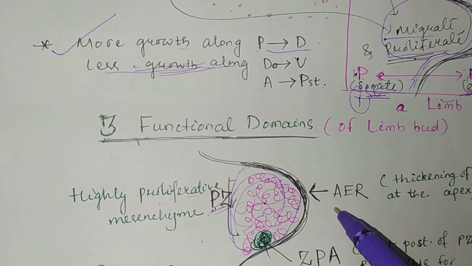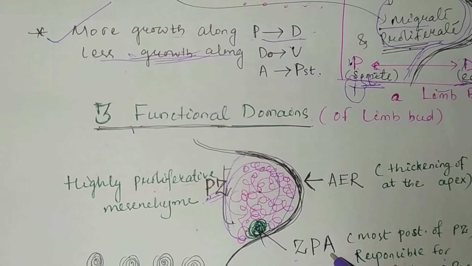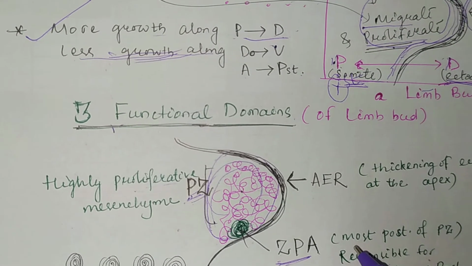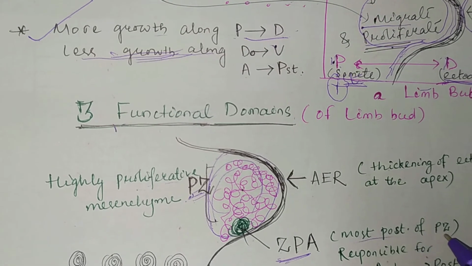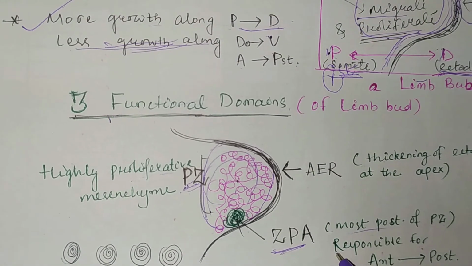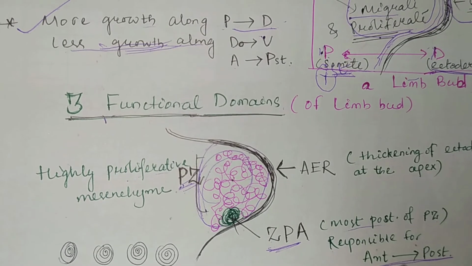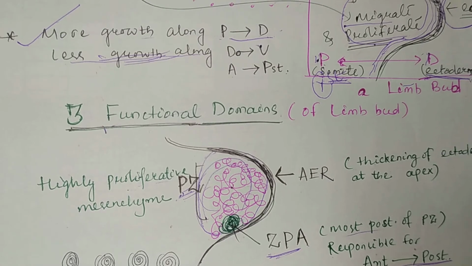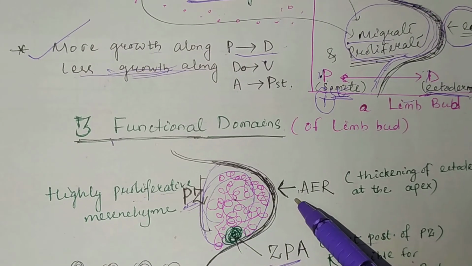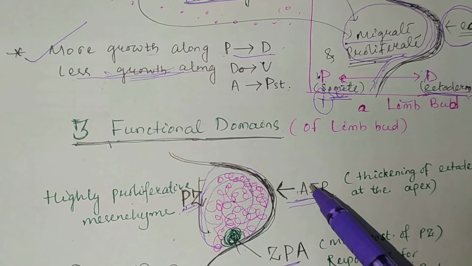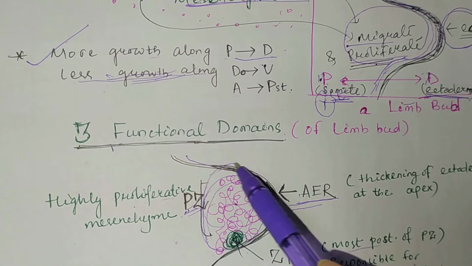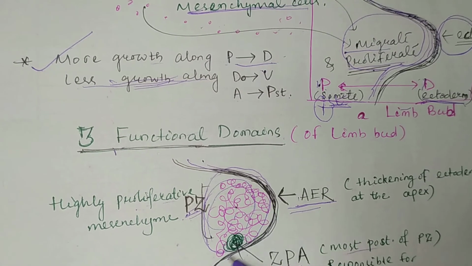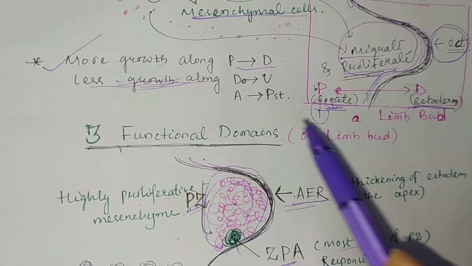Then another zone is the ZPA, or the zone of polarizing activity, and it is the most posterior part of the progress zone, which forms the anterior and posterior axis of the limb, which we will deal with in future. Another zone is the AER, or the apical ectodermal ridge, and this is the thickening of ectoderm at the apex of the limb bud. So these are the three functional domains.